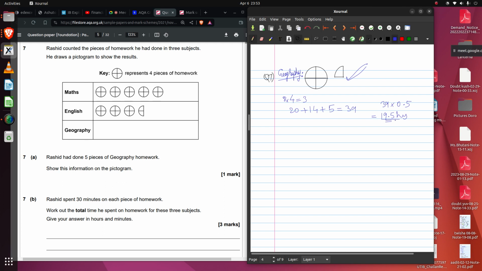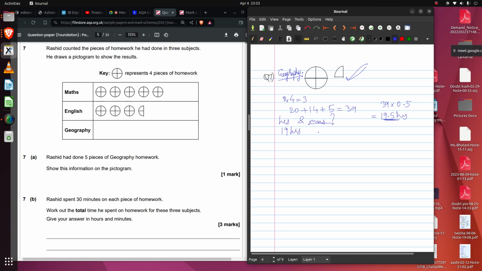So this number, 19.5 hours, how do you write it in hours and minutes? If it is 19.5 hours, that is definitely 19 hours.